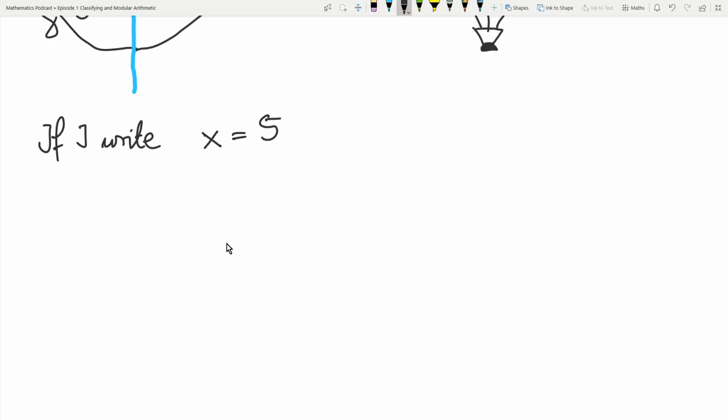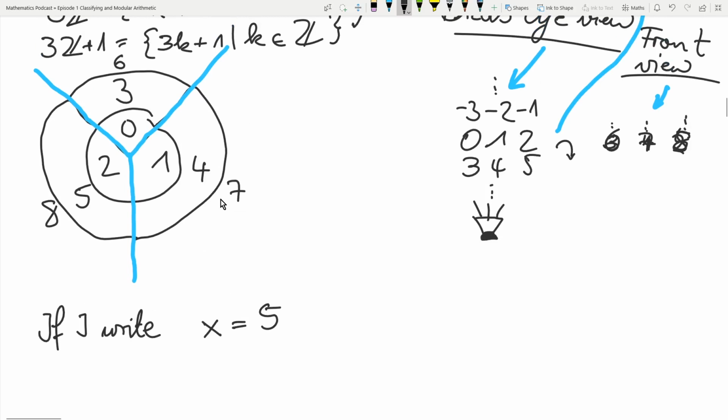Both sides have to satisfy the same properties. They are the same number, which means they behave like the same number. This might sound stupid, but I have the 5 right here, so my x has to be here as well. X can't suddenly be here. That is not allowed. X has to be here as well, because x is equal to 5.